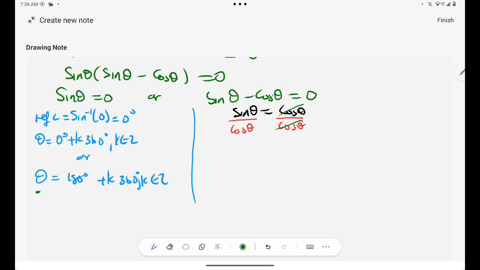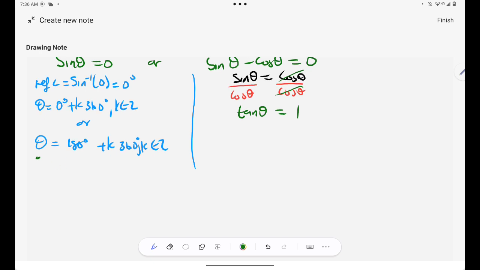So I'll have sine theta over cos theta, which will give me tan theta. Cos theta divided by cos theta will be equal to 1. Alright, together, and therefore my reference angle will be tan inverse of 1, and that will give me 45 degrees. My duty is to express 45 degrees where tan is positive, but remember that for tan we only express angles in the first and second quadrant.